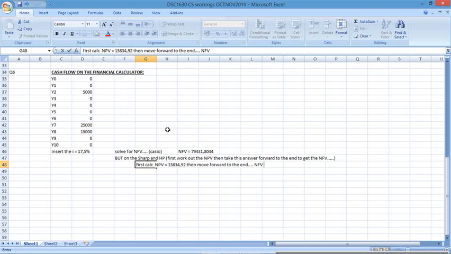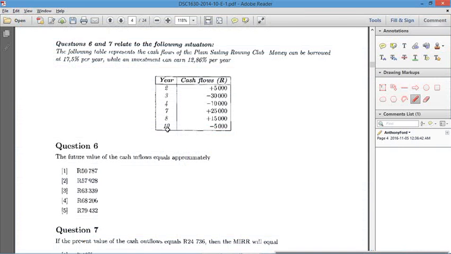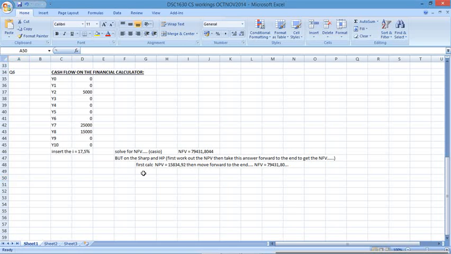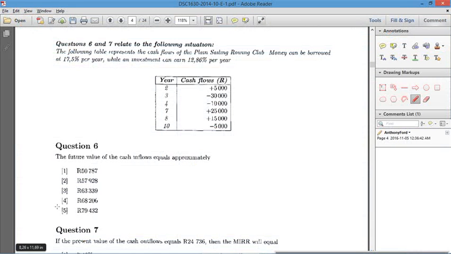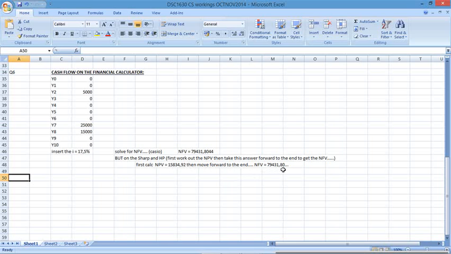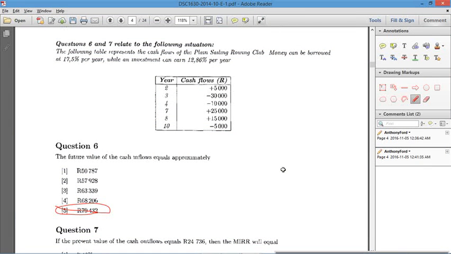Net future value equals the same answer, 79,431.80. So it doesn't matter how you do it, as long as you're getting the right answer, it makes no difference. You can't actually choose the exact answer, you'd have to round off to the nearest rand.